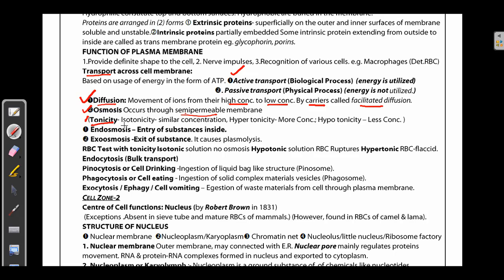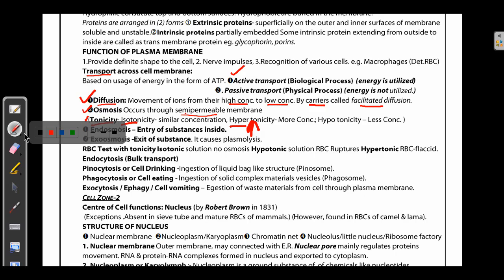One is called isotonicity. Iso, you know, means similar concentration all over, and then hypertonicity. Hyper refers to more, like hypertension. Mostly in sciences, whenever there is a term called hyper, that refers to more, and whenever you say hypo, it has less concentration or less tonicity. This way the tonicity will be described.